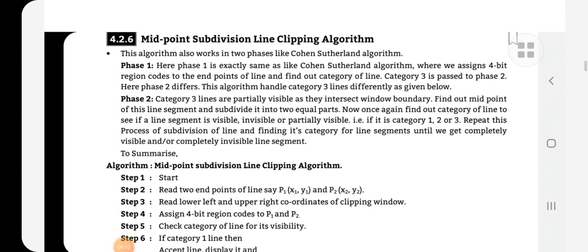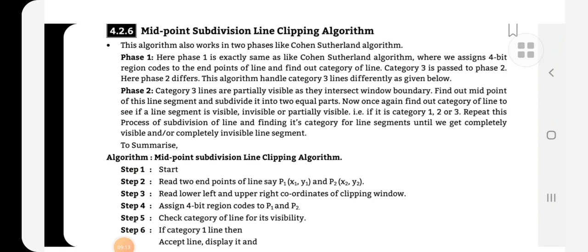Then the second is the midpoint subdivision line clipping. This algorithm also works in two phases like the Cohen-Sutherland algorithm.